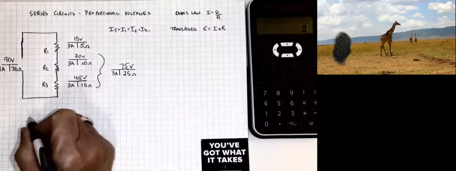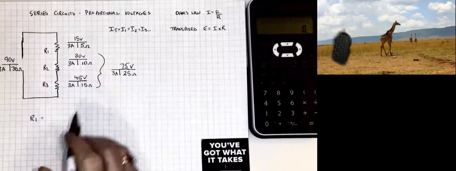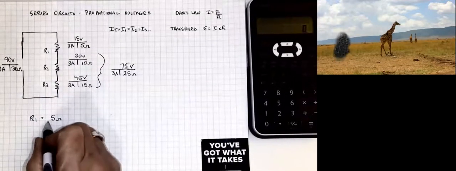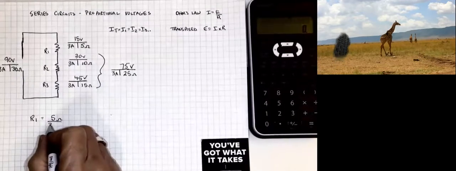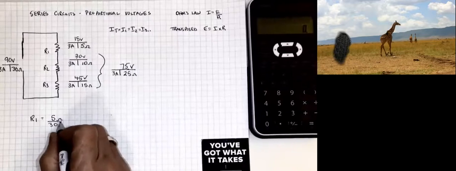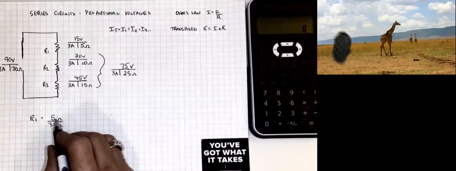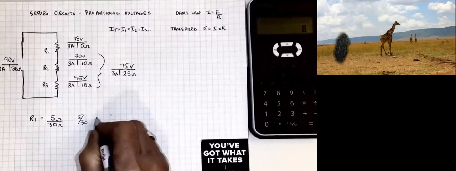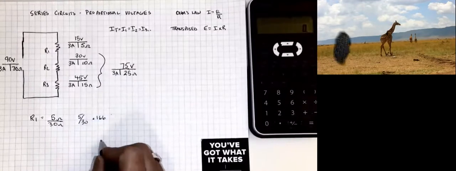We can also look at R1 in that way. So R1, if we look at the amount of resistance, which was 5 ohms in R1, the total resistance in the circuit was 30 ohms. And this is going to be the proportional calculation. So 5 out of 30 is 5/30th, or when we divide that out, it's 0.166.